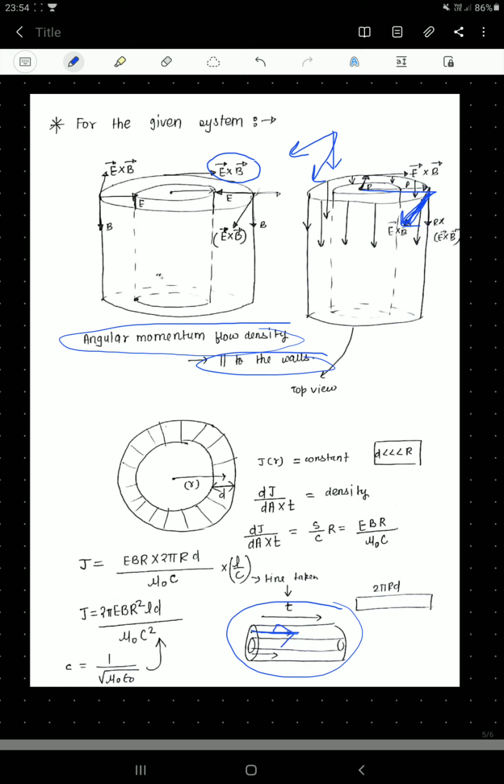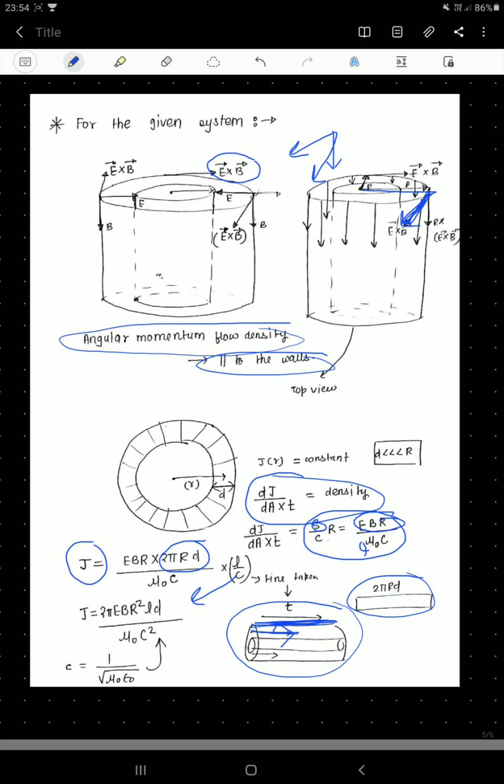Now we will just multiply, this can be written as J dA by T. Here this can be written as S by c r, and S is already E V r by mu naught c. Now here, the area is 2 pi R D. The area of this is 2 pi R D, here it is written, and the total time that it will take is L by c, since the energy is traveling with the speed of light, so the total time it will take to cover the path will be L by c.